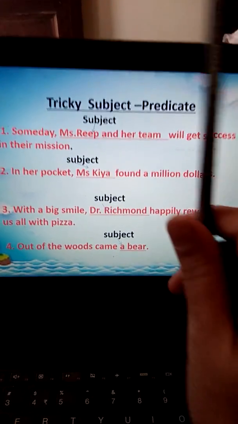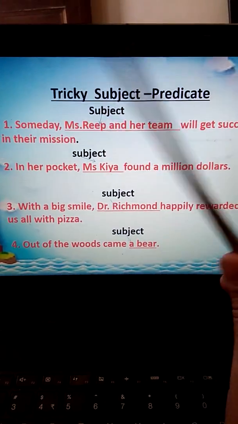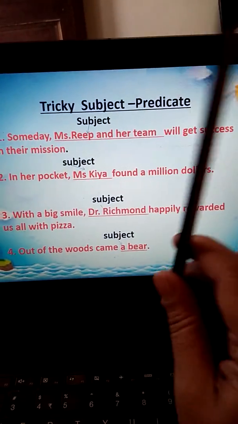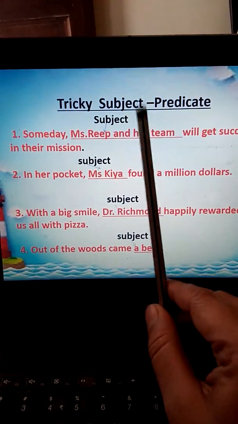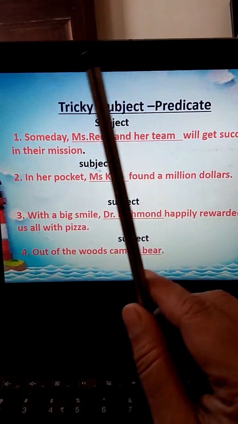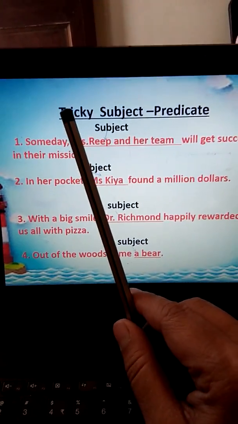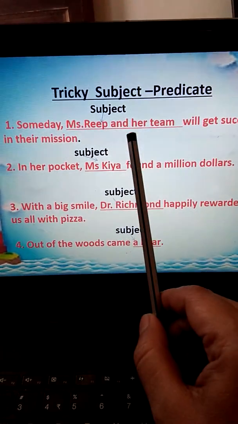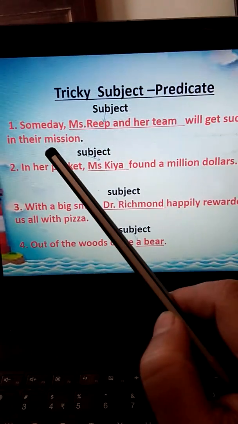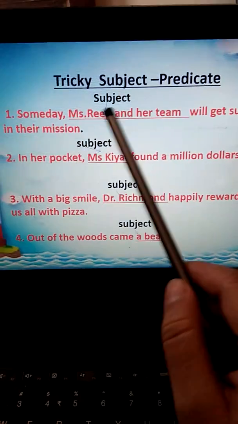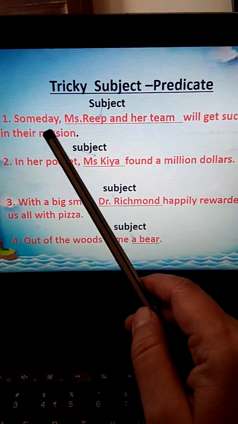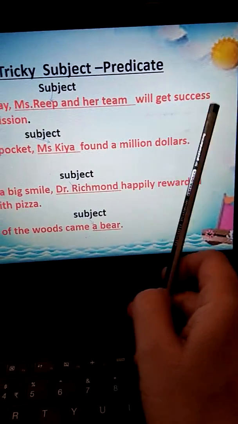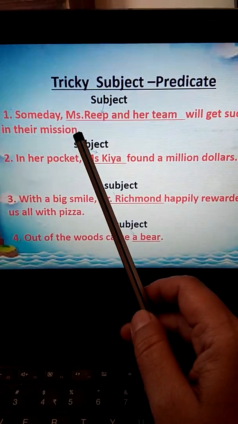Now see, we'll come to some tricky subject predicate. It is not always necessary that the subject will be at the beginning of the sentence. At times, the subject can be in the middle of the sentence or at the end. Like this sentence: someday Miss Reep and her team will get success in their mission.